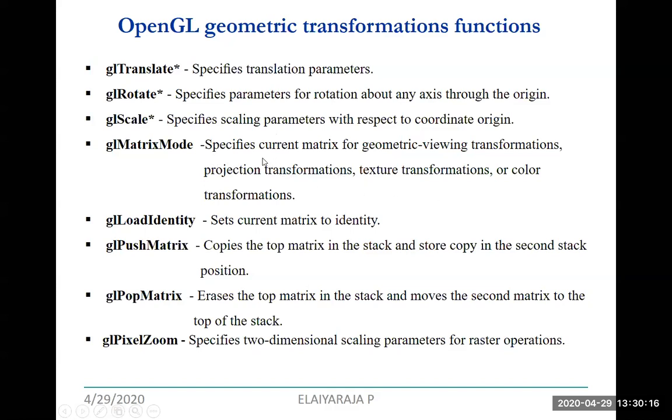Matrix mode specifies the current matrix for geometry viewing transformations, projection transformations, texture transformations or color transformations. And glLoadIdentity sets the current matrix to identity. These are the functions we have used in our programs.